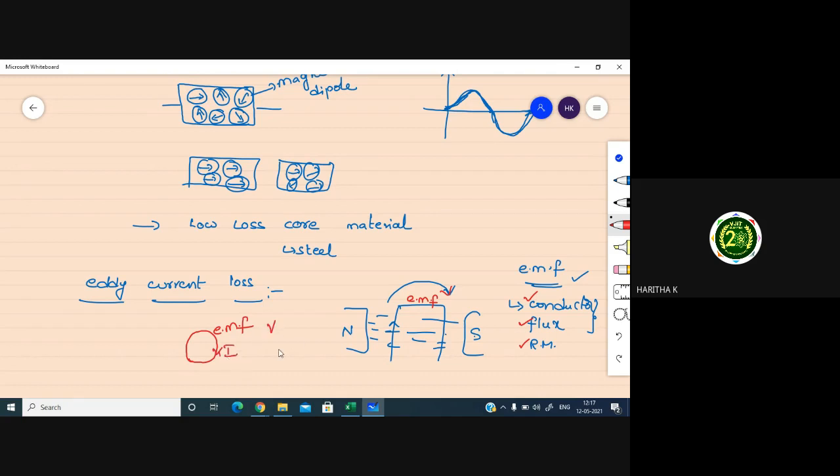Whenever there is a voltage and it is a closed circuit, current will circulate in the circuit. If it is an open circuit, the current will not circulate. Current will become zero. But the armature is a closed path and EMF is there in the armature. Then current will circulate in the armature core. And this current is called the eddy current.